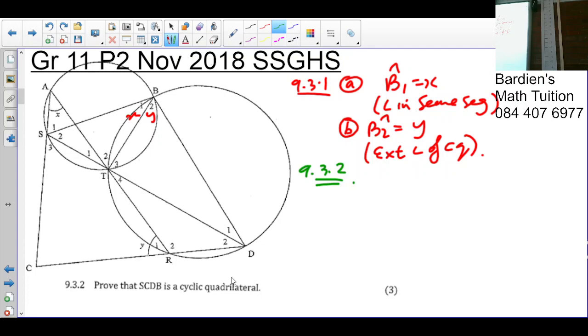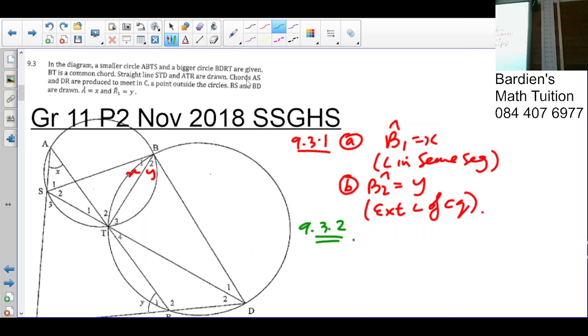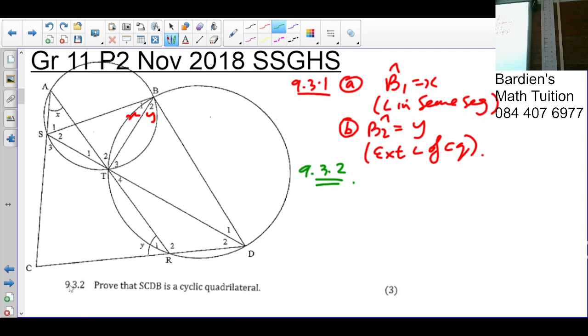Can you see that? So if I can prove D1 is x, I've done the job. Is SB a tangent? If SB is a tangent, then that would be the case. Nope, they did not say it's a tangent, so that's not going to work.